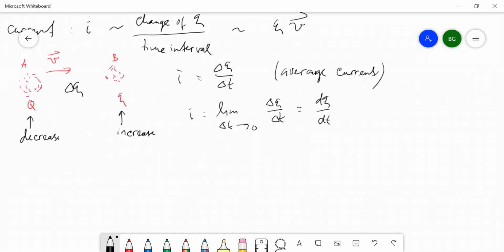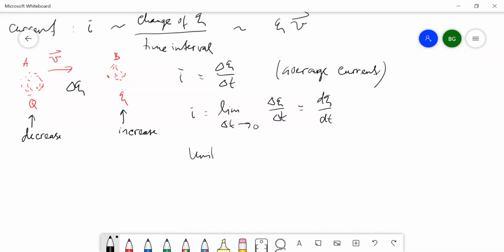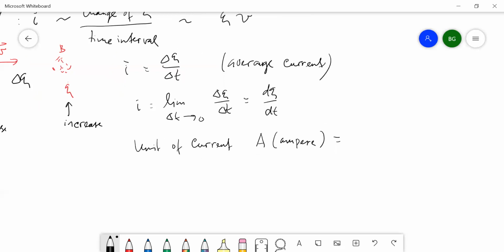The unit of current is the ampere, capital A for short. Ampere was a French physicist or mathematician, as far as I know. And this equals coulomb per second.